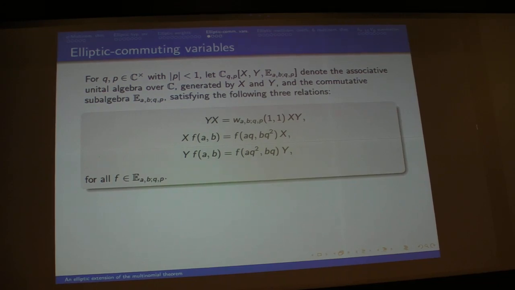Here's the extension of the q-commutative algebra, now elliptic commuting algebra. So we have two variables, not just for r equals 2, we will extend that to the general case having r variables, but now we have just 2. We want to normalize that. It generates a simple weight. Now, the position of the weights, the weights are not the same in the lattice.